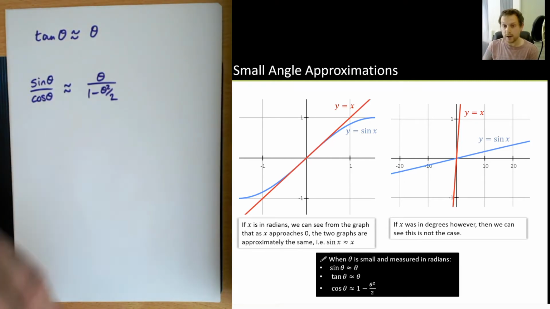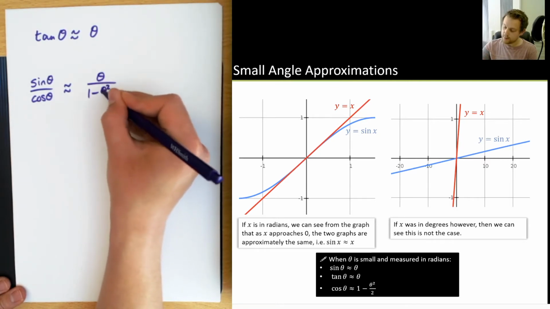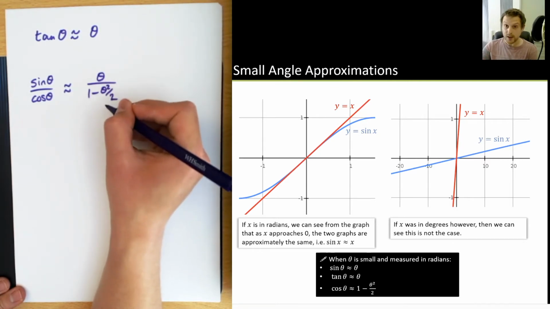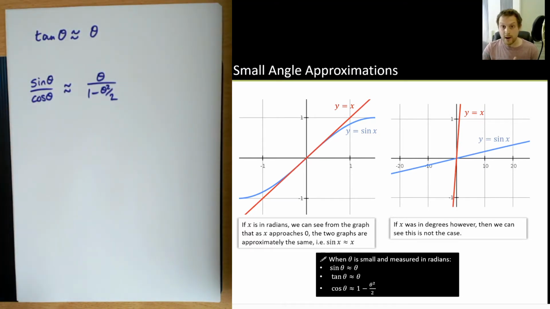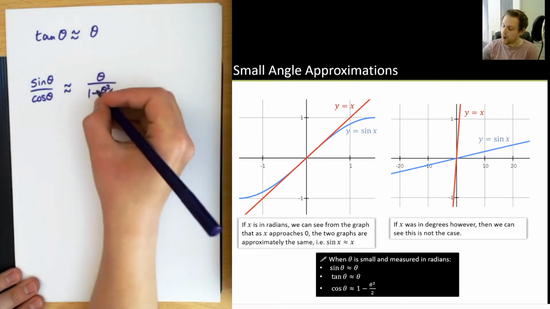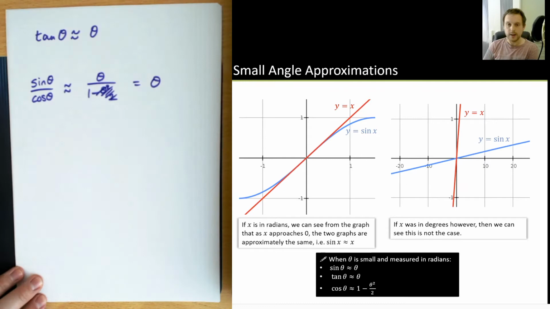Now, if I make theta really, really small, this bit here basically disappears a lot faster than theta, because if you square a really small decimal between 0 and 1, it goes really, really small, like so small that when theta is really, really small, this bit basically disappears until you get theta.